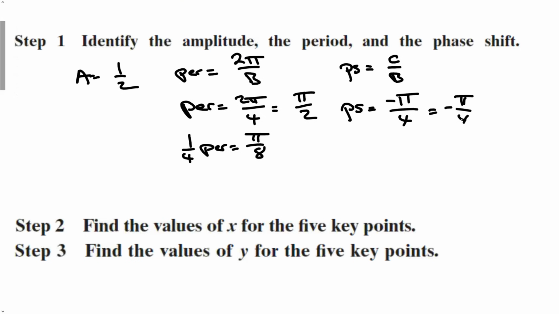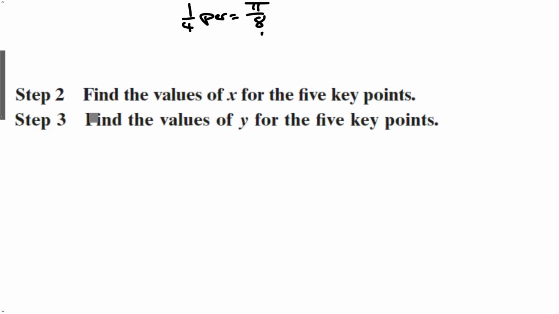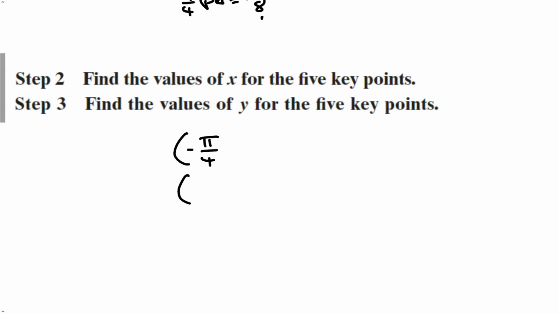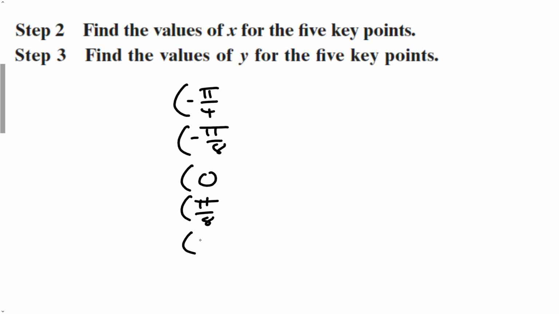Well, at least the common denominators are nice. All right, so let's throw both of these steps together. X and Y values. The function starts at the phase shift. Then we add a quarter of the period to get the next key point. That would be negative pi over 4, negative pi over 8, then 0, then pi over 8, and then finally pi over 4.